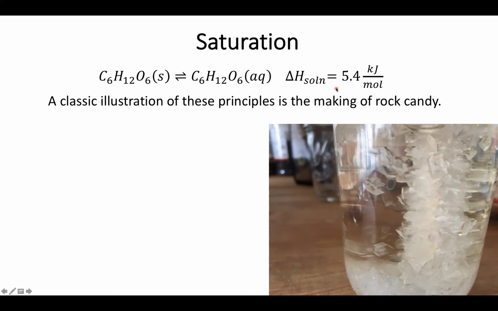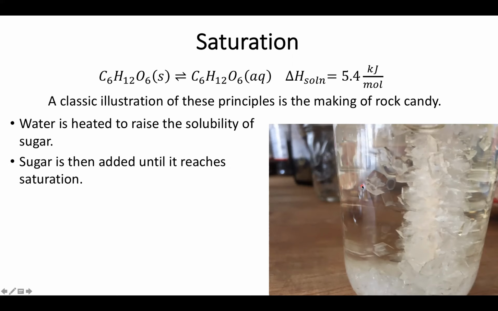So that equilibrium constant will increase. So what you often do is you heat water to raise that solubility of the sugar, increasing the equilibrium constant, that saturation level. And then once the water is hot, you'll keep adding sugar until it reaches saturation. So until no more crystal sugar can be dissolved.